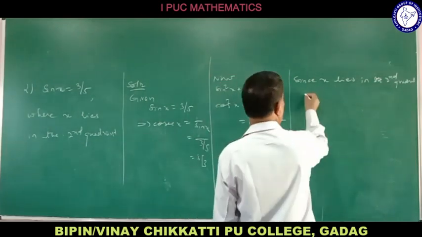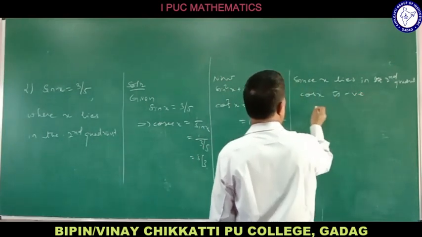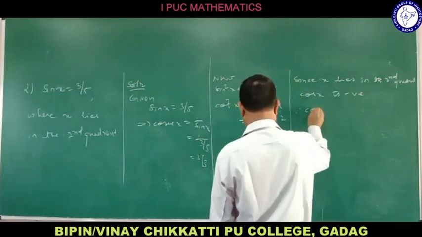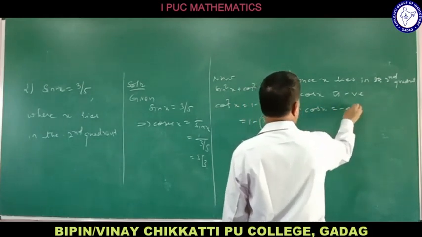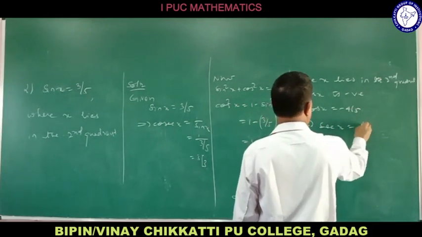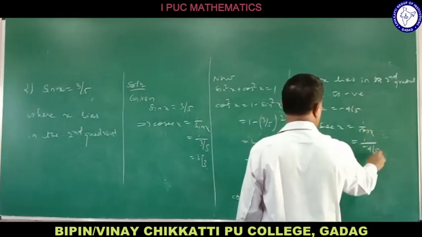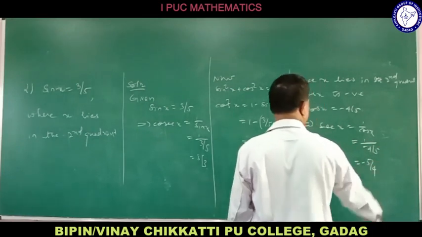Second quadrant cos x is negative. Therefore, cos x is equal to minus 4 by 5. This implies sec x is equal to 1 divided by cos x, and that is minus 4 by 5, that is minus 5 by 4.